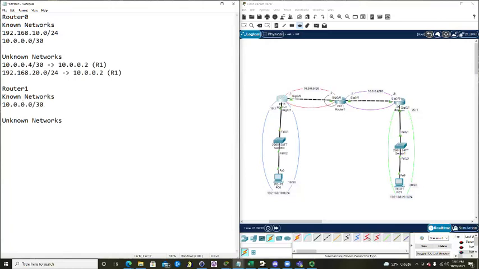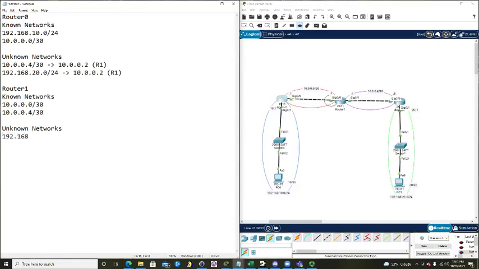So it knows about the 10.0.0.0/30 network, and the 10.0.0.4/30 network, because those are the two networks that router 1 is physically cabled to. It is not touching the 10.0 or the 20.0 networks highlighted in blue or green. So we have to tell it that those networks exist. Those are our unknown networks.